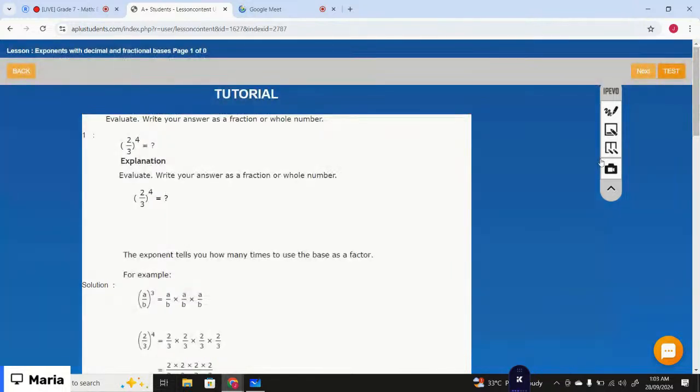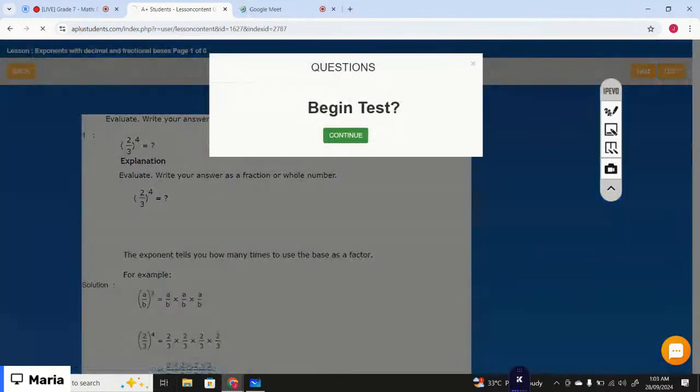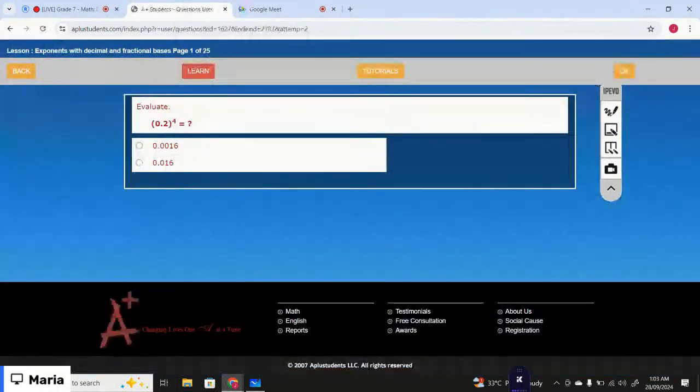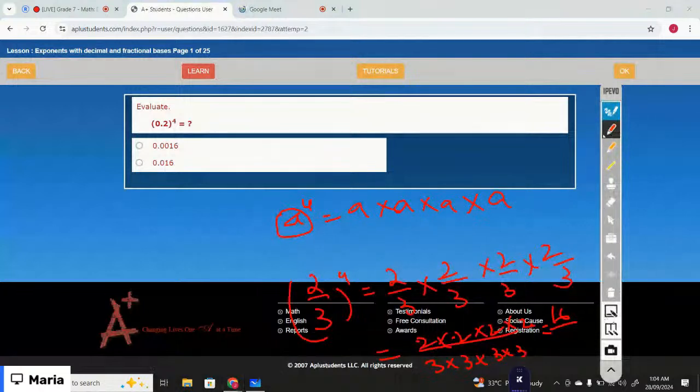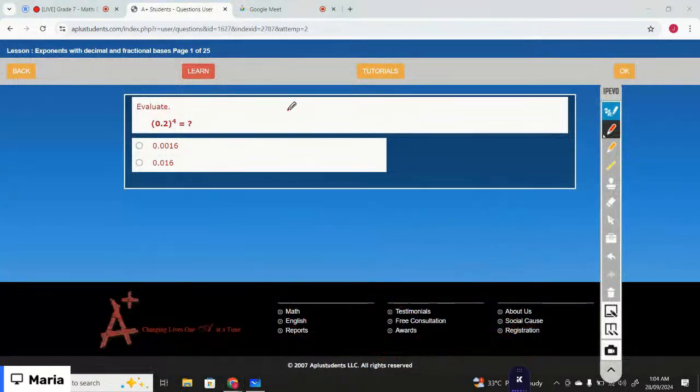Okay, let's just start with the test questions. You can have a look at the tutorial by yourself. They are already solved, right? So the first one is evaluate 0.2 exponent 4. Now you can consider you have a equals 0.2, and you have a exponent 4. You can do 0.2 times 0.2 times 0.2 times 0.2, so you are multiplying 4 times.